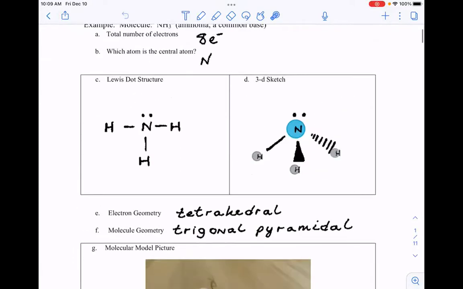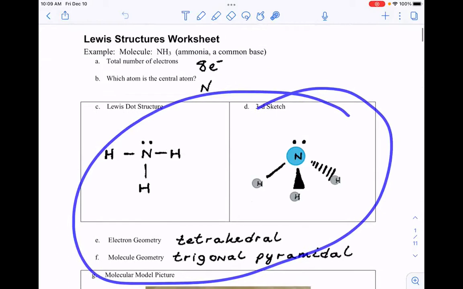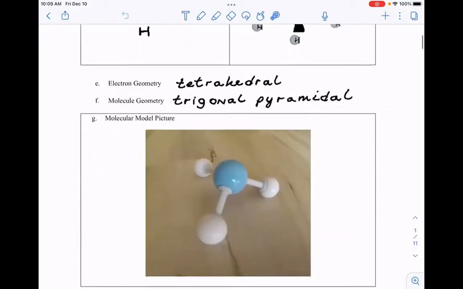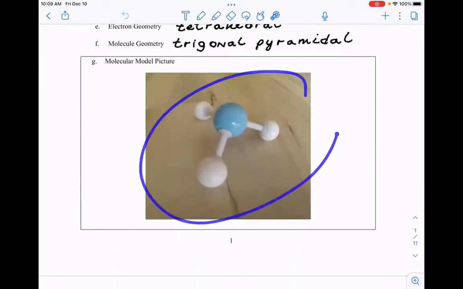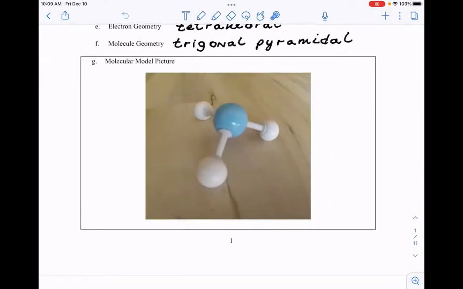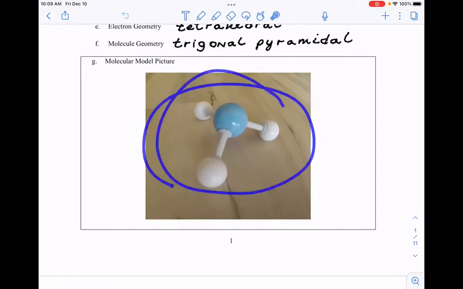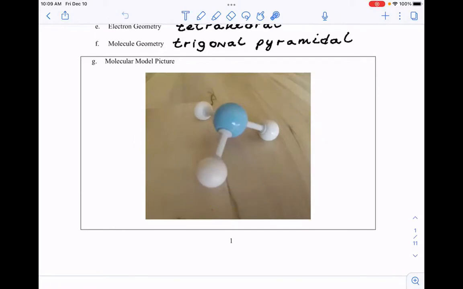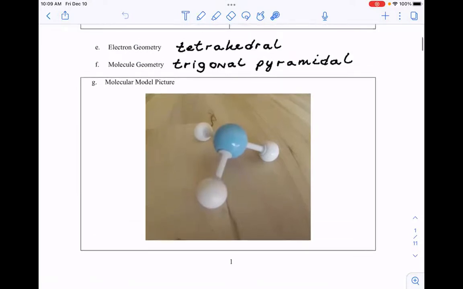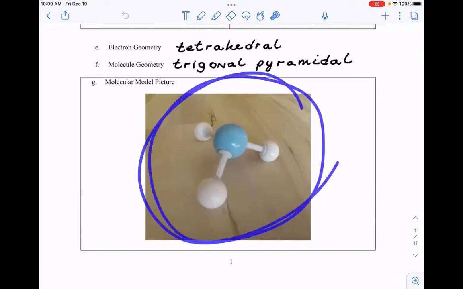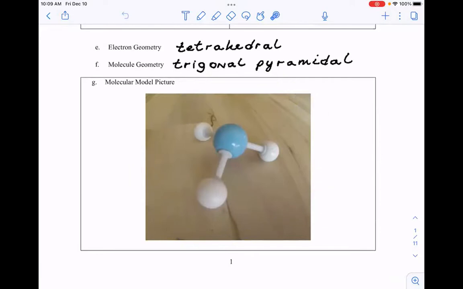The first submission can be this document that has all of this information, and the second document can be your pictures. If it's a separate document from the main document, please make sure to identify what molecular substance you're working with. You should have your molecular models with you in your lab kit, and this is the last item that we're going to do for today's lab.